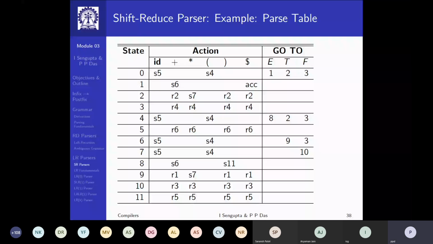It is a PDA, mind you, so there is a stack of symbols. Shift is an operation by which you remove the input symbol from the input buffer and push it onto the stack. All shift operations are shown as S. These are all S's.